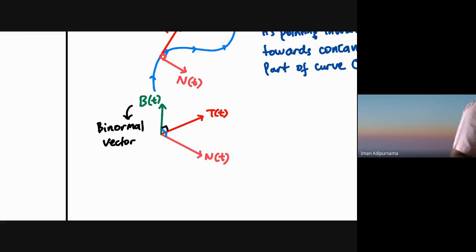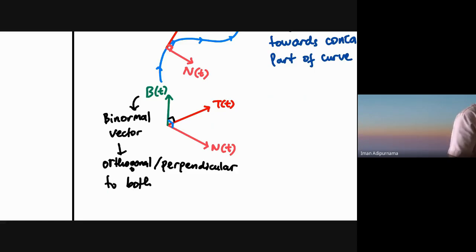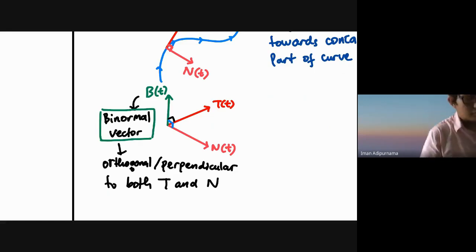Okay, so binormal vector is orthogonal, or maybe if you are more familiar with perpendicular, to both T and N. So how are B, T, and N related?